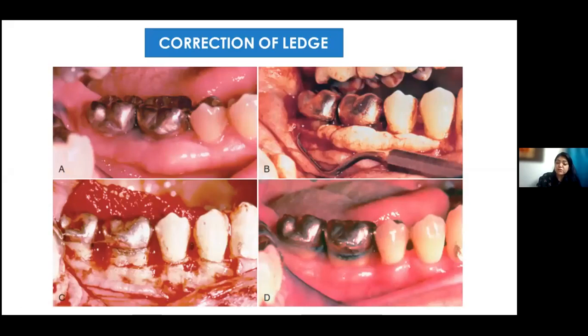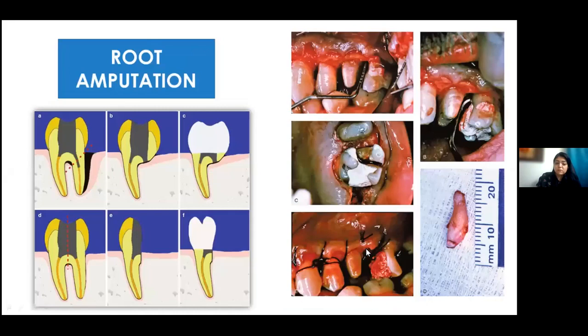Ledge correction, I told you, you just need to file the bone, give a nice positive architecture as much as possible, and close. Root resection. Any doubts in hemisection, root resection? No, right? They are pretty clear topics in themselves. What do we do if there is a deep defect like this?